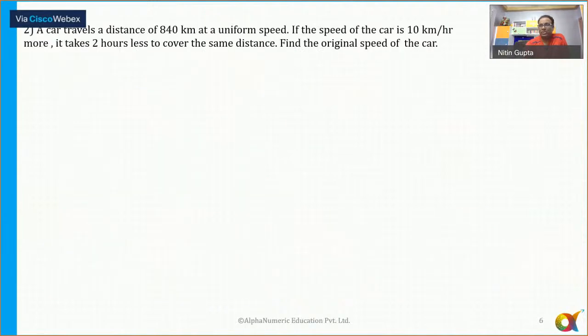Now, here we need to solve this one. A car travels a distance of 840 kilometers at a uniform speed. If the speed of the car is 10 kilometers per hour more, it takes 2 hours less to cover the same distance. Find the original speed of the car.